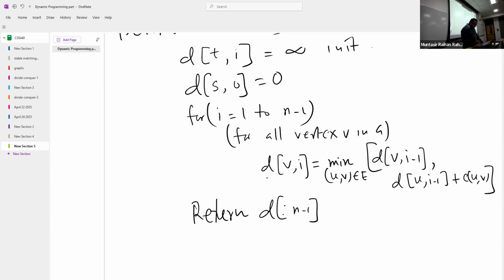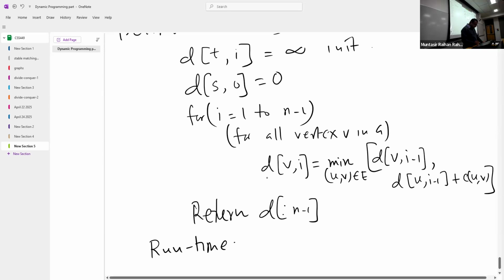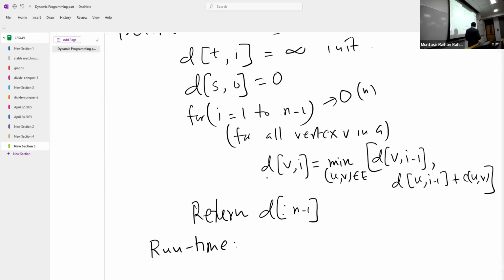Okay, and now the runtime. What is the runtime? Again, we just count the number of loops. It goes vertex by vertex. So this part is O of n, and this runs for every vertex v, but then how much time does it take for this one?